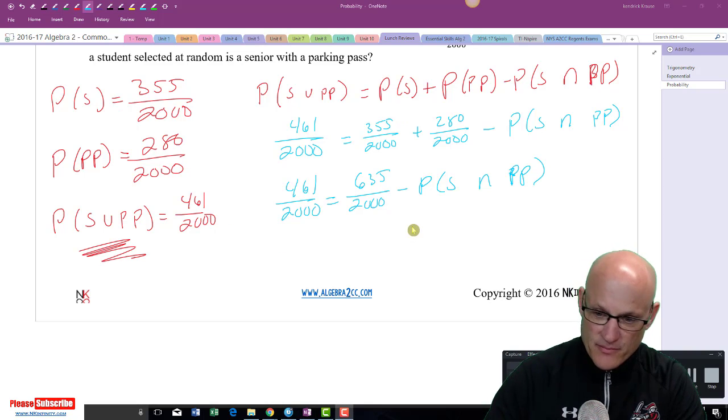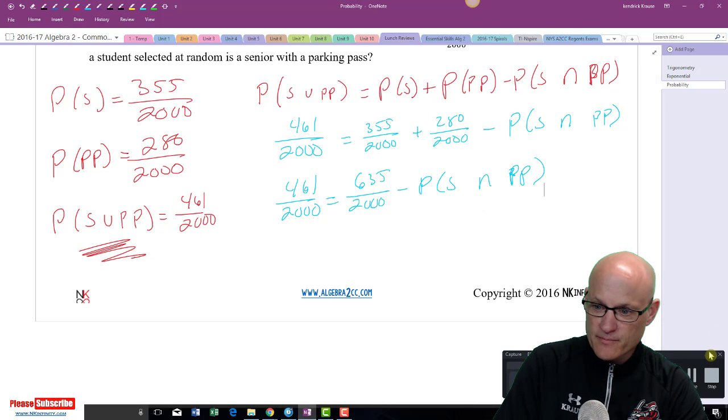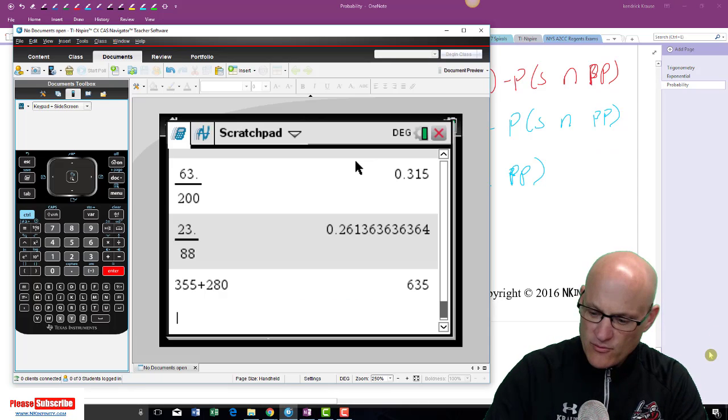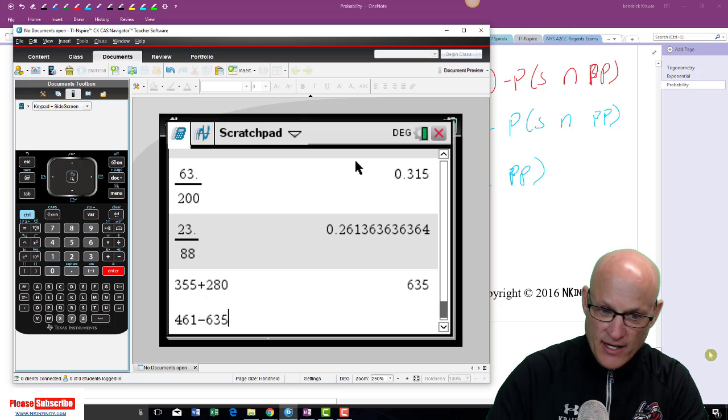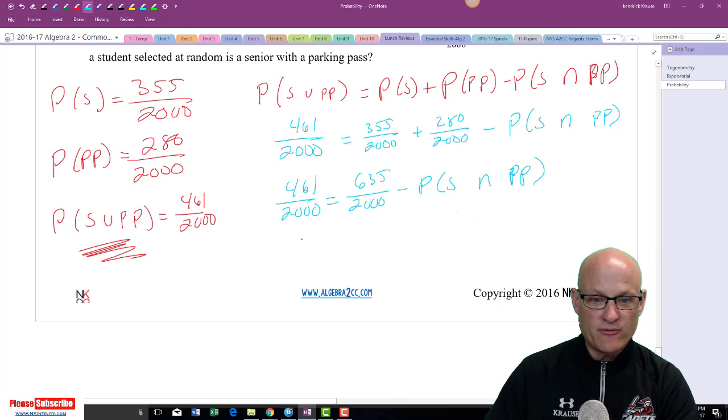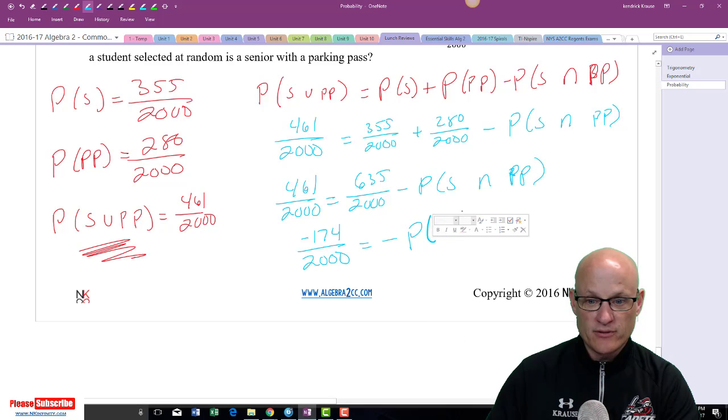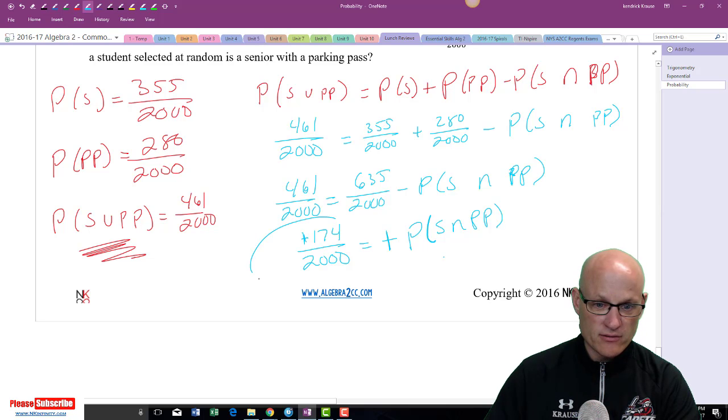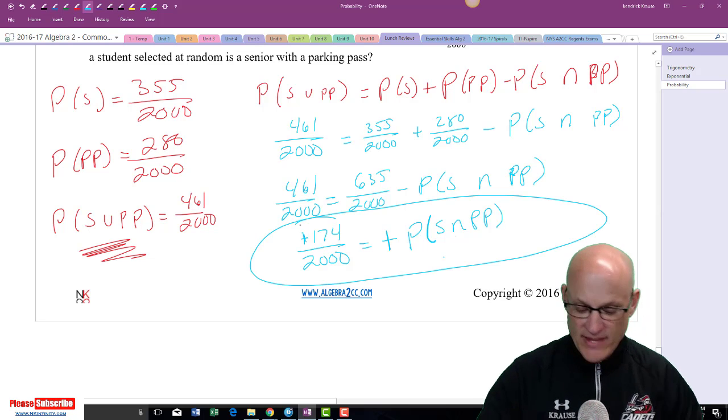So I take the 461, I'm going to subtract off the 635, and I get negative 174. So negative 174 over 2,000 is equal to negative probability of S and parking pass. Well, I don't need the negatives, so there it is. Divide both sides, and there's my answer.